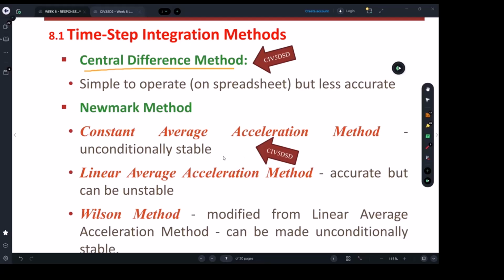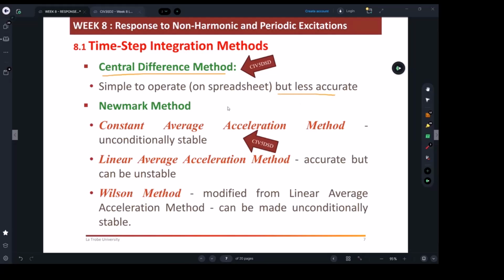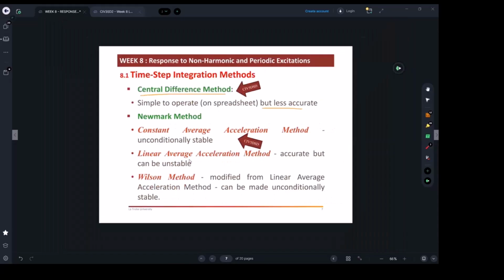It doesn't matter what time step we choose. But the central difference method, no, it is conditional, and as indicated here, less accurate. All right.